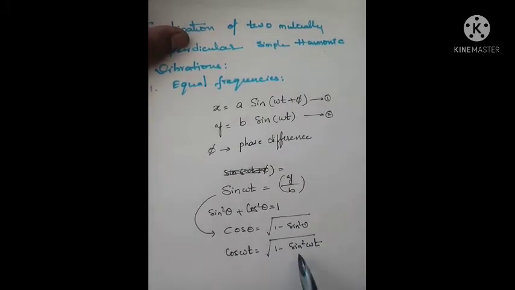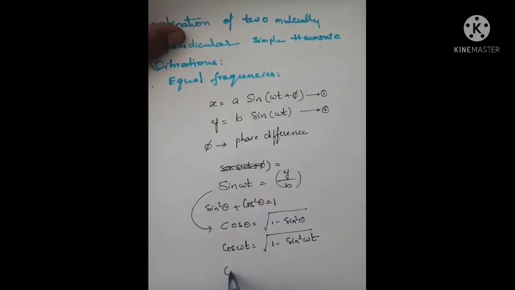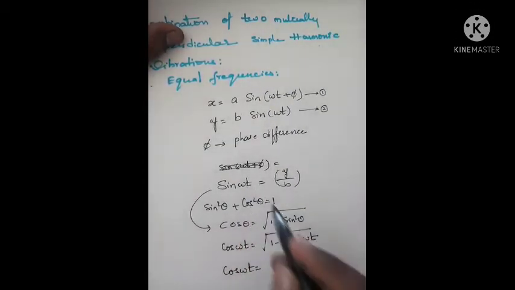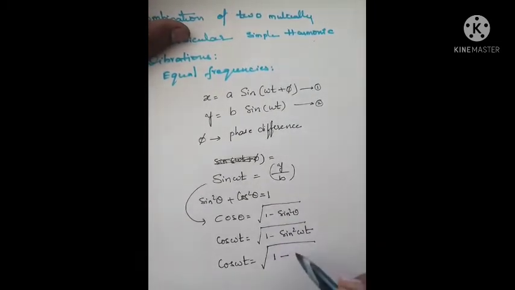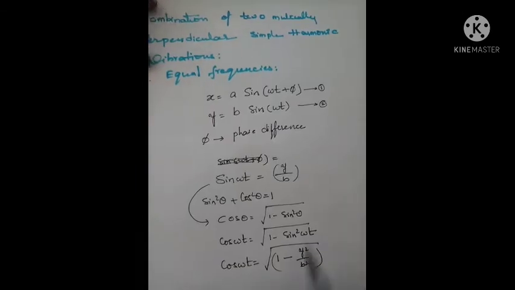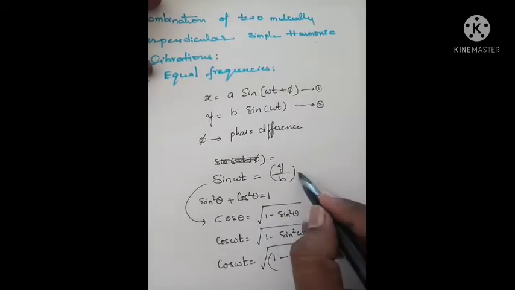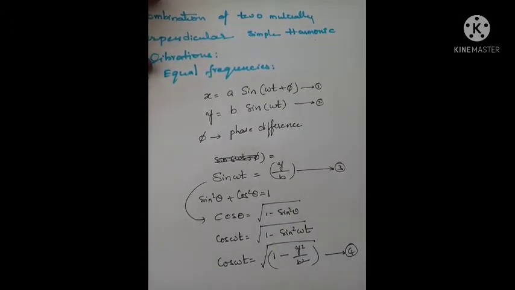In place of sine omega t we substitute y by b, so cos omega t is under root 1 minus y square by b square. Let us assume this is equation number 3 and sine omega t equal to y by b is equation number 4.